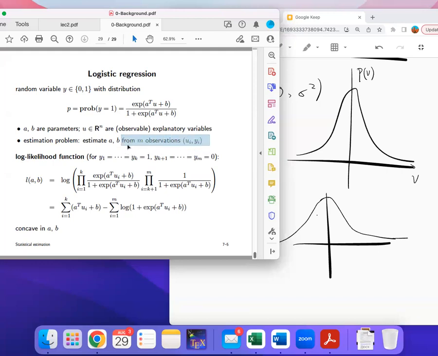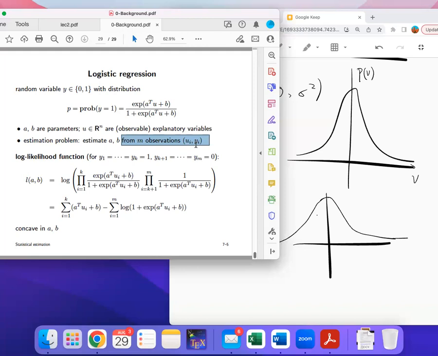Think about this: every i corresponds to a patient, for example. ui is some statistics that we collect from the patient. Could be the blood pressure, could be anything related to medical health. If you're talking about cancer, maybe ui denotes some features about cancer that you can collect from the patients.